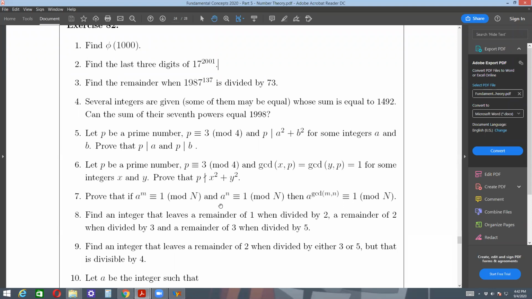There are some nice questions in here for you all to prove, so I hope you try them. 5, 6, and 7 in particular. These are nice to prove, but they're also nice to know. So if you could remember these for later on, sometimes these, especially this one, can be helpful in more complicated problems.